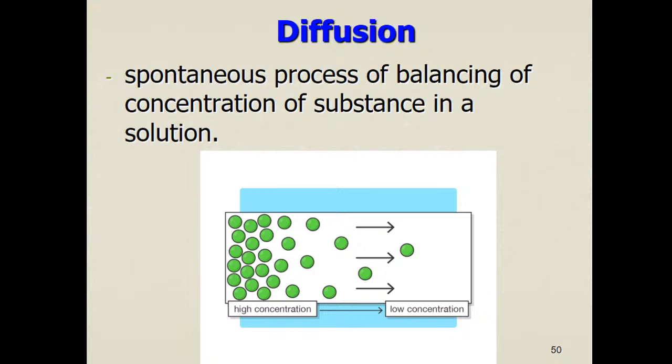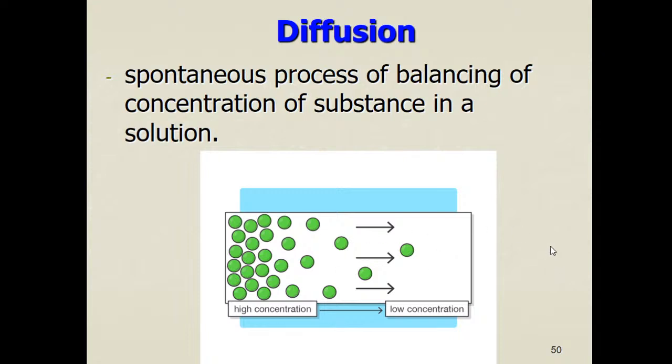It's a spontaneous process, a spontaneous balancing of the concentration of a substance in a solution. So there are two-sided movements: solute moves from higher concentration to lower concentration, and solvent from lower concentration to higher concentration.